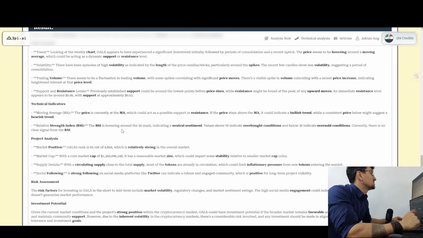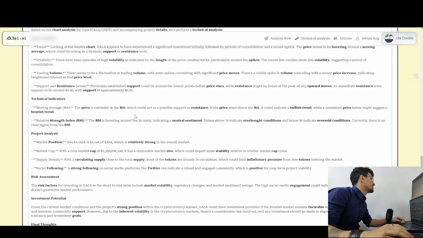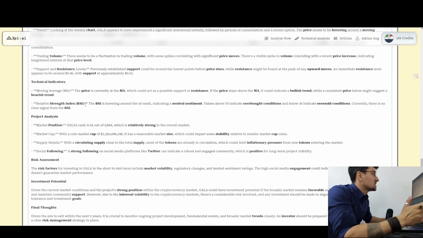There is a visible spike in volume coinciding with a recent price increase, indicating heightened interest at the price level. Support and resistance levels. Previously established support could be around the lowest point before price rises, while resistance might be found at the peak of any upward moves. An immediate resistance level appears to be around 0.06, with support at approximately 0.03. Moving average. The price is currently at the moving average, which could act as a possible support or resistance.